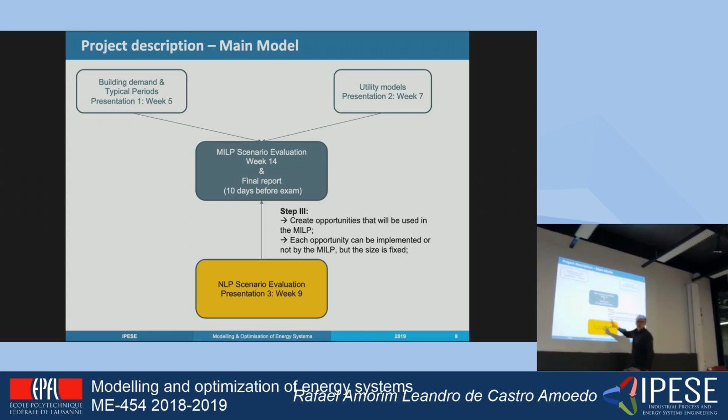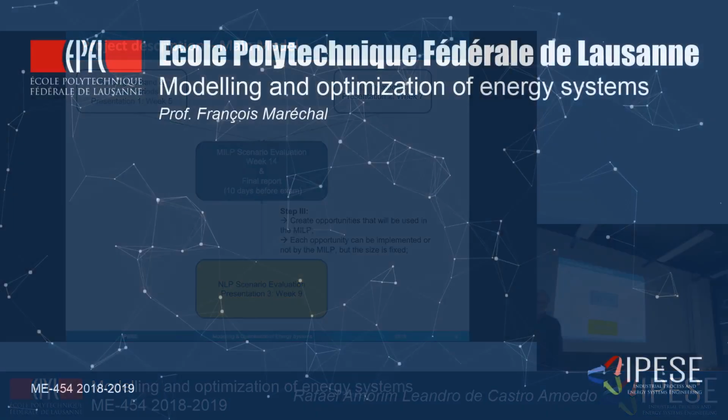So officially, each building will solve a nonlinear problem that will calculate what is the best size for the heat exchanger to recover the heat from the air that is taken out of the building. Okay? And this will be an option that is added in the whole system because it will have an impact on the heat pump that you have to buy for the whole system. Okay, so you have to be sure that what you do makes sense. Right? Let's do it now.